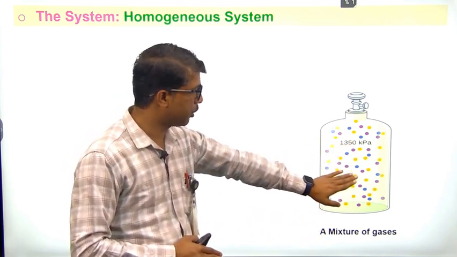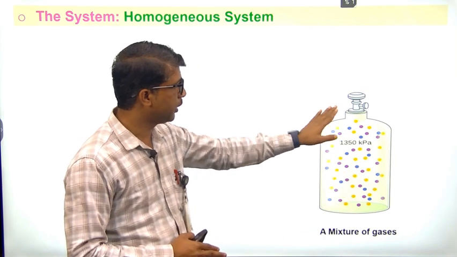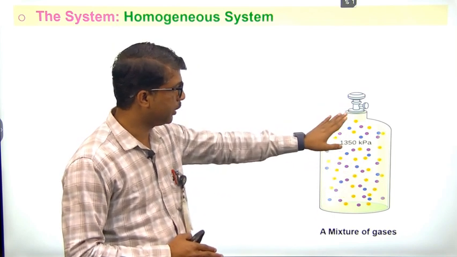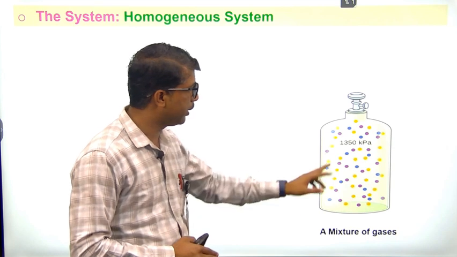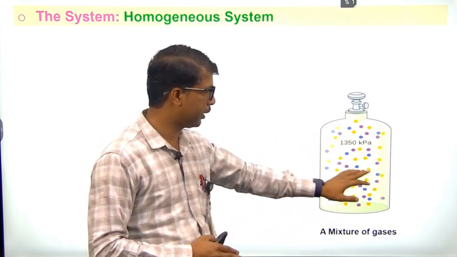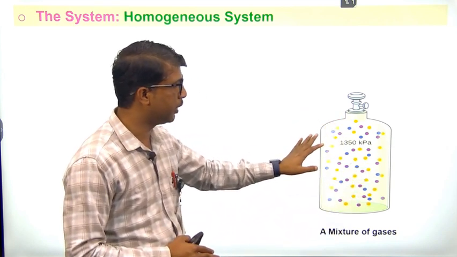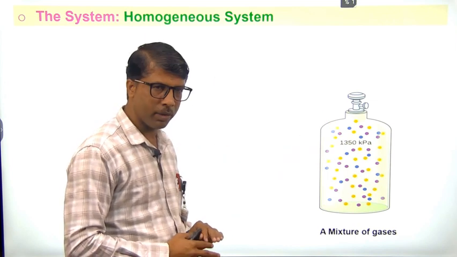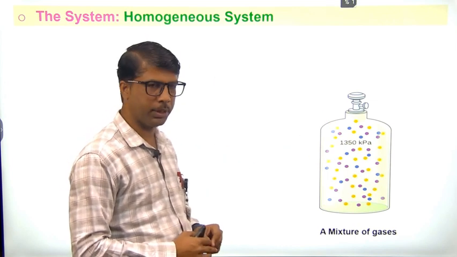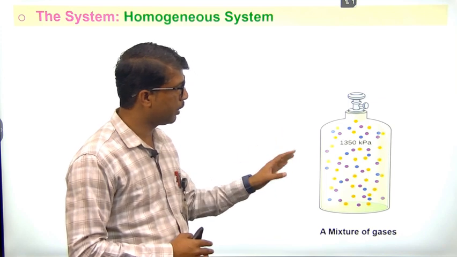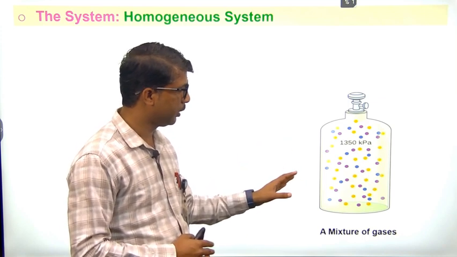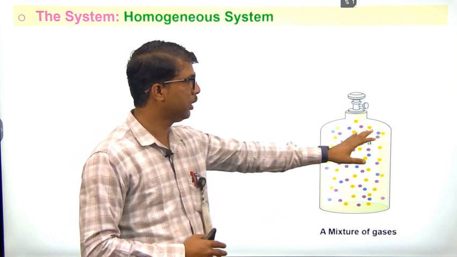So here the mixture of gas is the system, the cylinder with the piston is the surrounding, and the imaginary part which separates the gas from the cylinder is the boundary. This is an example of a system. Here only one phase is there, the gaseous phase, and it is the same throughout.